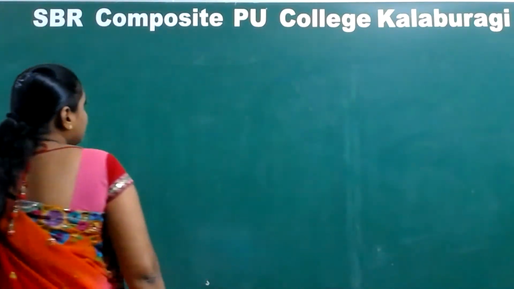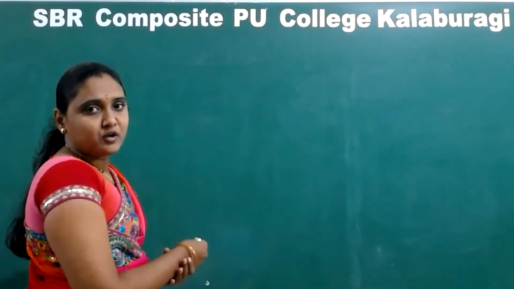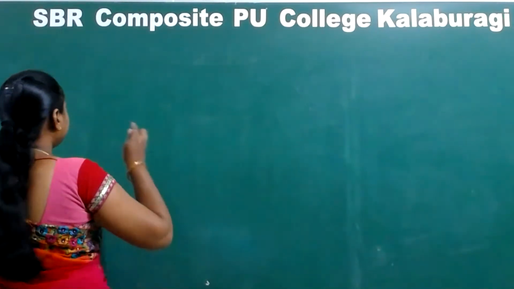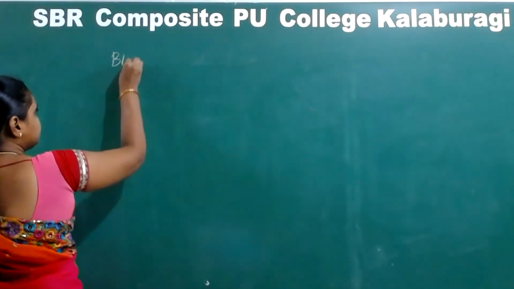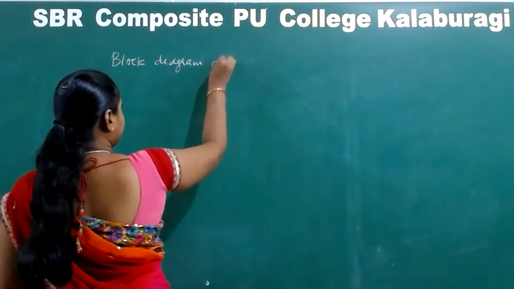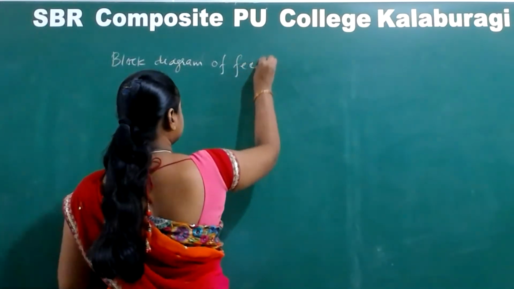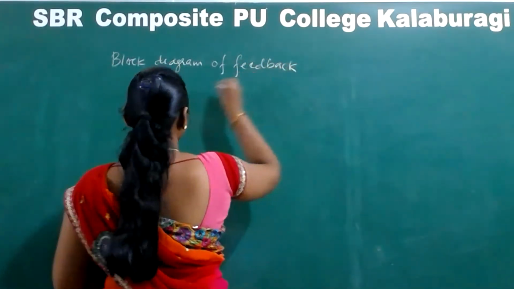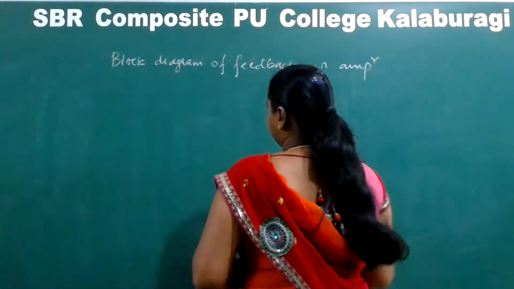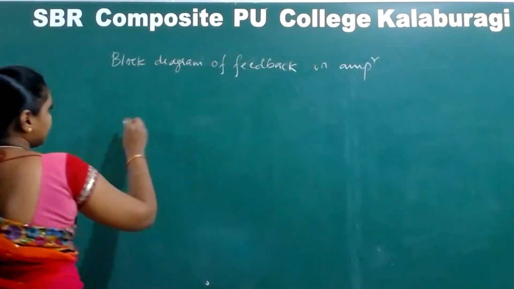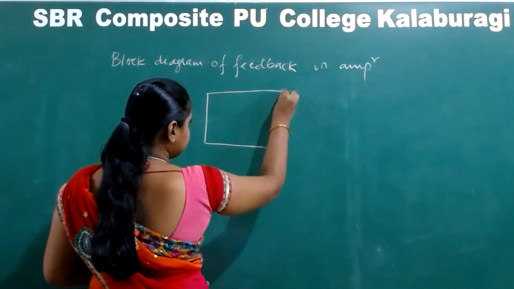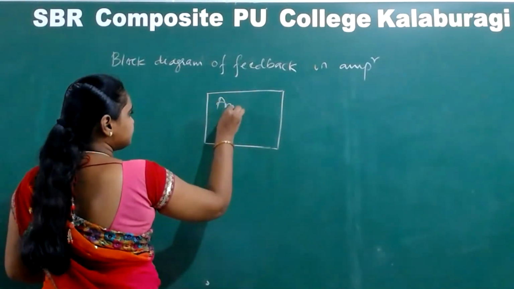The basic two blocks for the feedback are an amplifier and a feedback network. So it basically uses two components. The first component is the amplifier.